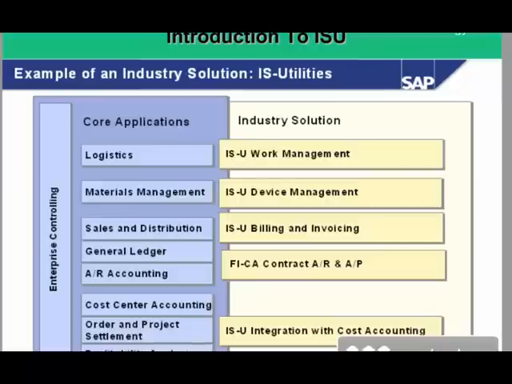This is the interlinking of ISU modules with SAP ISU core applications. You can see there is the industry solution, there is the core application, and all these core applications are in one way or another linked with these SAP ISU modules. Once you go deep into these modules, you will see how R3 and ISU modules are interlinked.